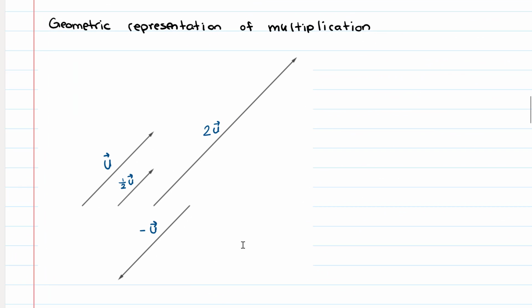So these would be some graphical representations of vectors with their scalar multiplication. If you just start with u, half of u has the same direction but half the magnitude. 2u has twice the magnitude but same direction. And negative u would have the same magnitude but different direction because now it's negative.